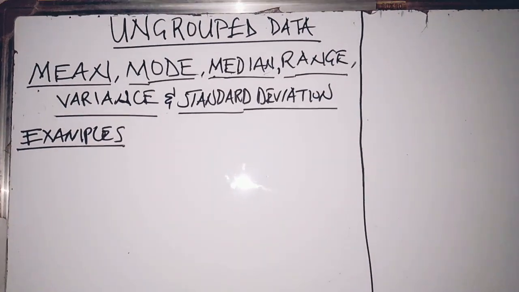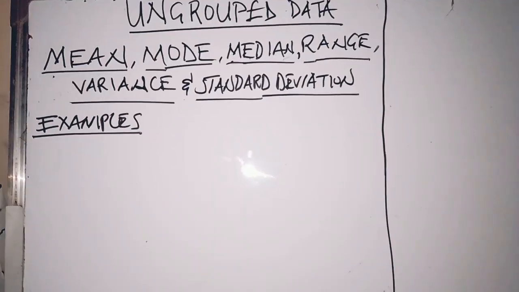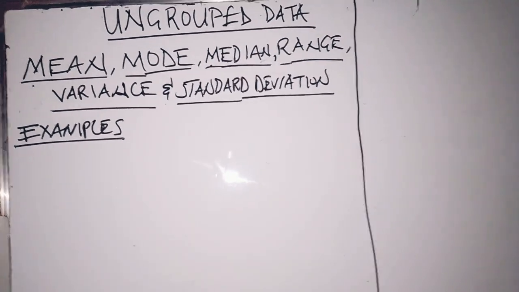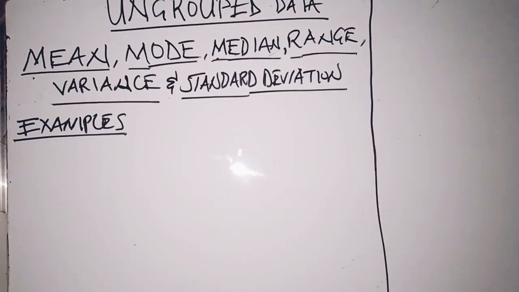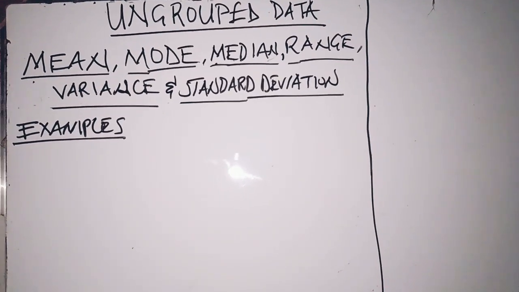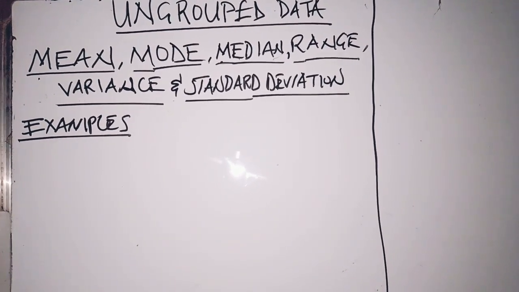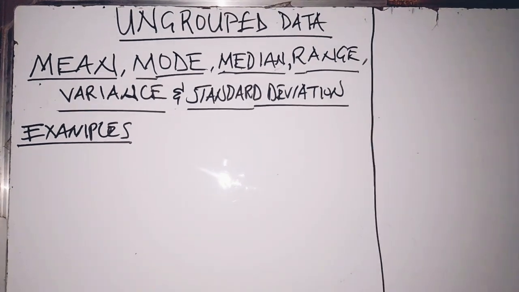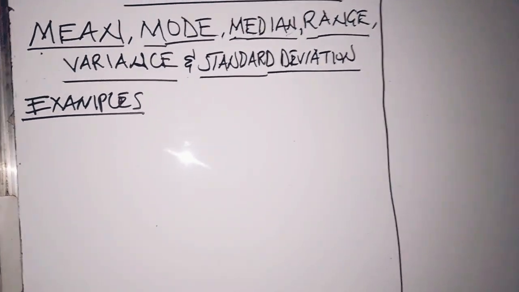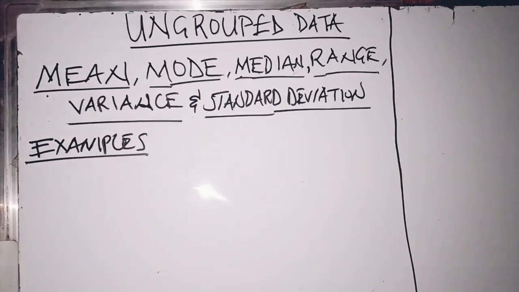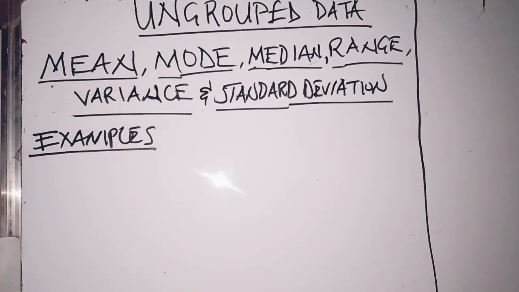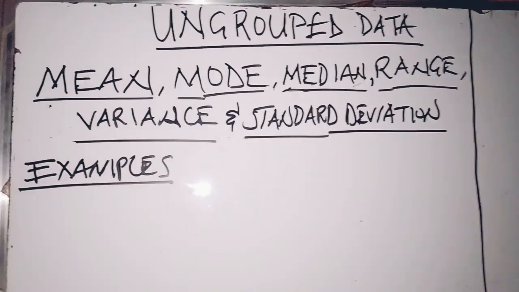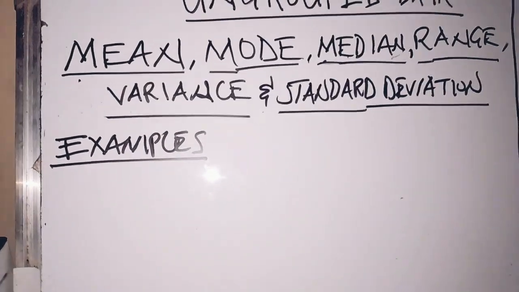Under ungrouped data, step by step, we are going to solve mean, mode, median, range, variance, and the standard deviation. For example, how does ungrouped data look? It may be scattered, and you need to arrange it.